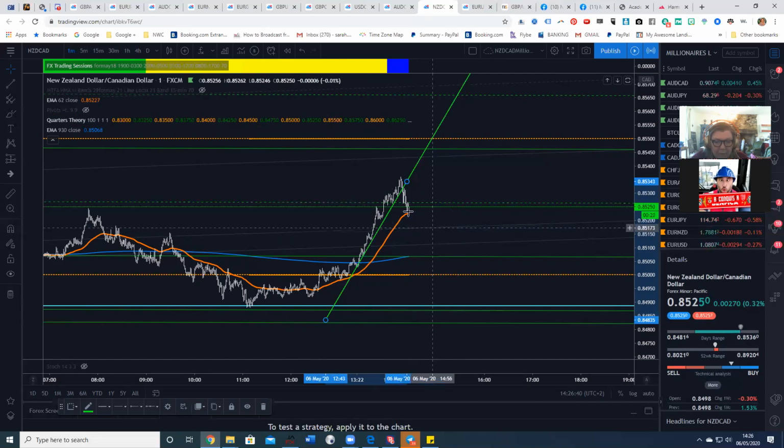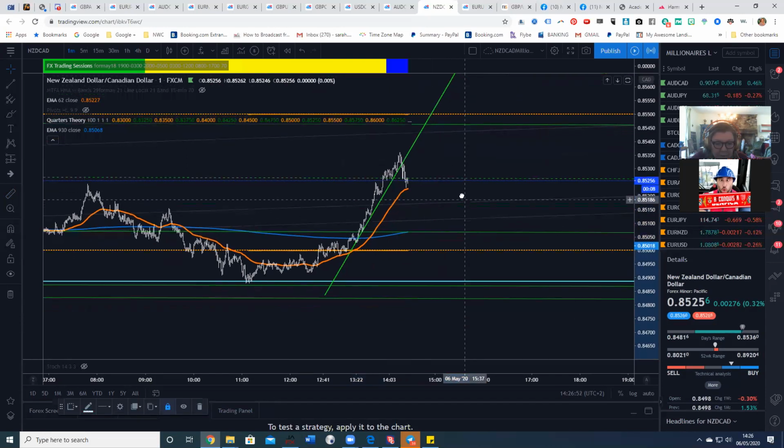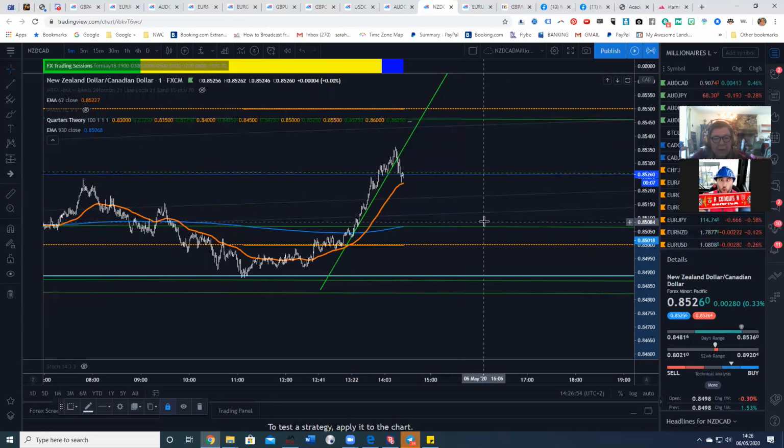Yeah, so that looks to me like it's dropping back down, but you don't know till it comes under that 62, dropping back down to that pitchfork, which is 16 pips away there. And it's certainly not looking like it wants to carry on that upward move.